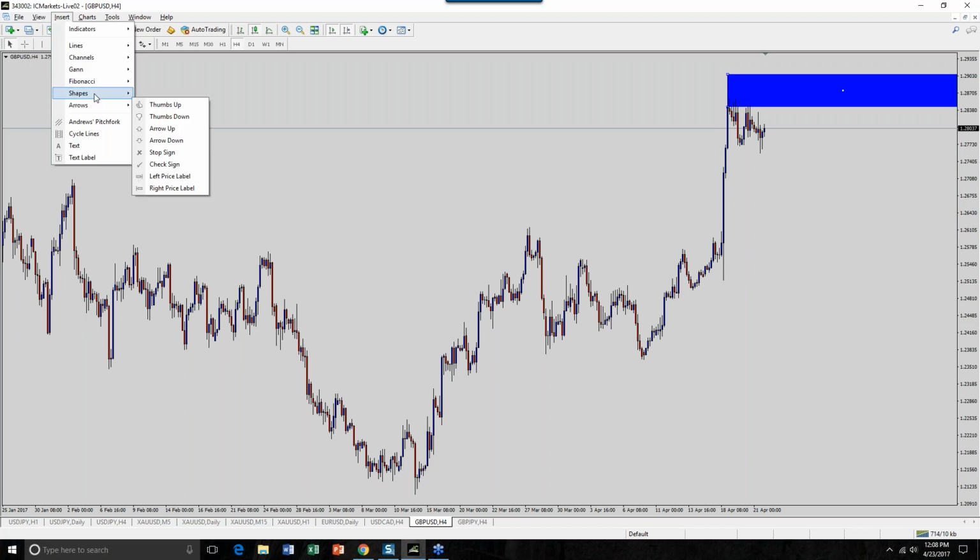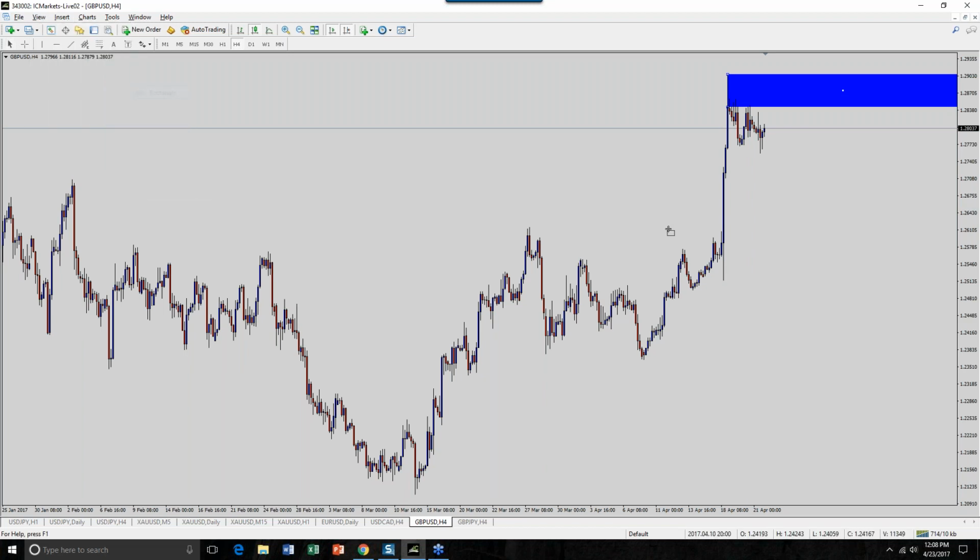Okay, so let's do this. You can see right away we have two price areas that you would want to focus on right now in the pound US dollar.